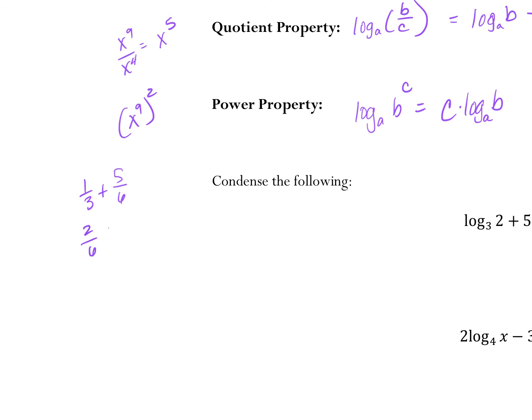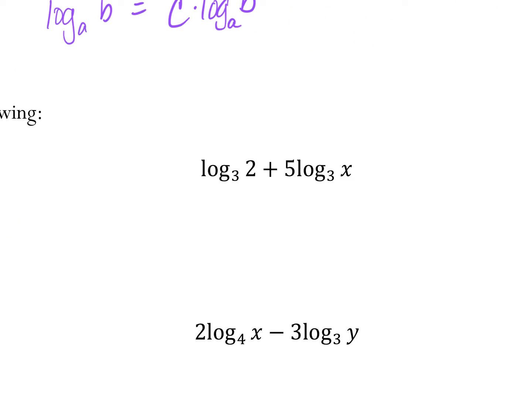Even though 1/3 seems simpler than 2/6, if what I need to do is add the fractions together, it makes sense to go ahead and write it as the less simple form, right? So rewriting things in different forms can make life easier depending on what we are trying to do. So that's our whole goal here.